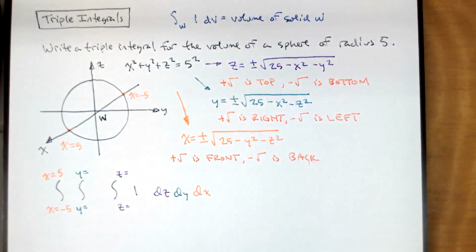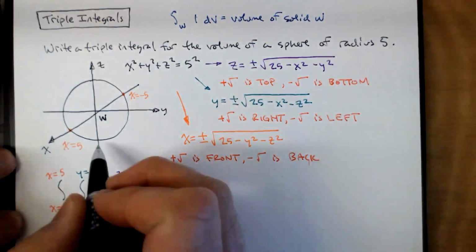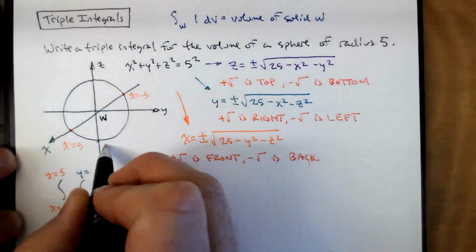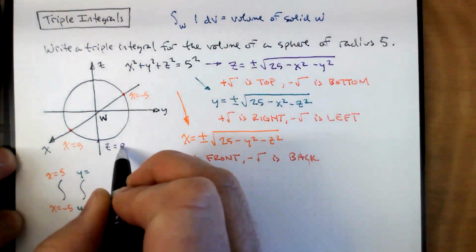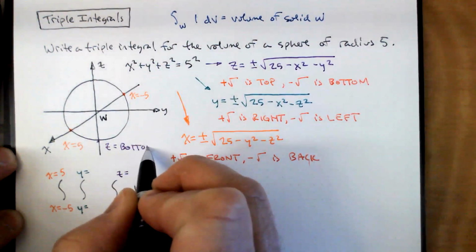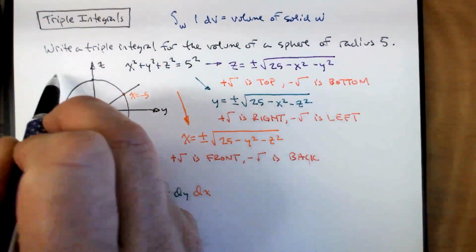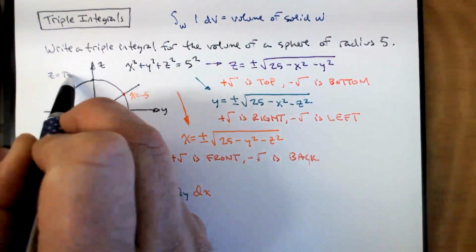So let's actually, since we just talked about it, write down the z values. I want a triple integral for the entire sphere, so the z's start at the bottom of the sphere and go to the top. So the lowest z value is z at the bottom, and the largest z value is up here, where z is at the top.